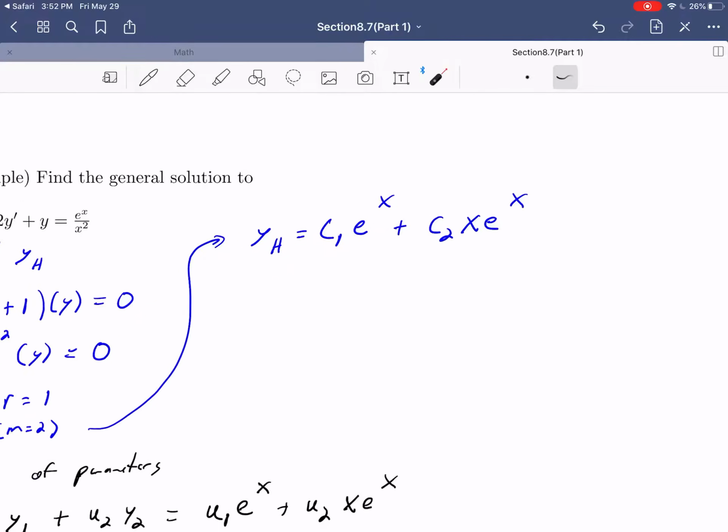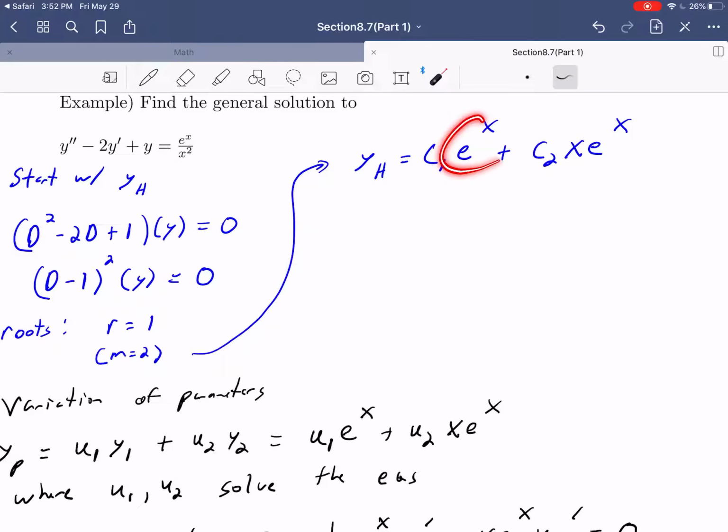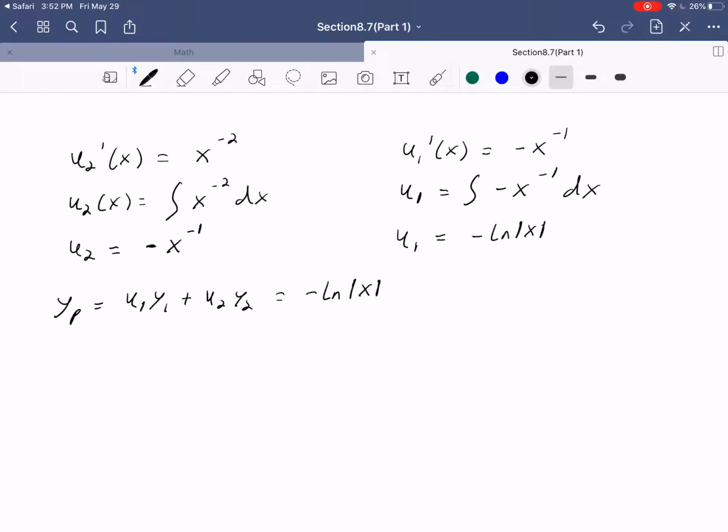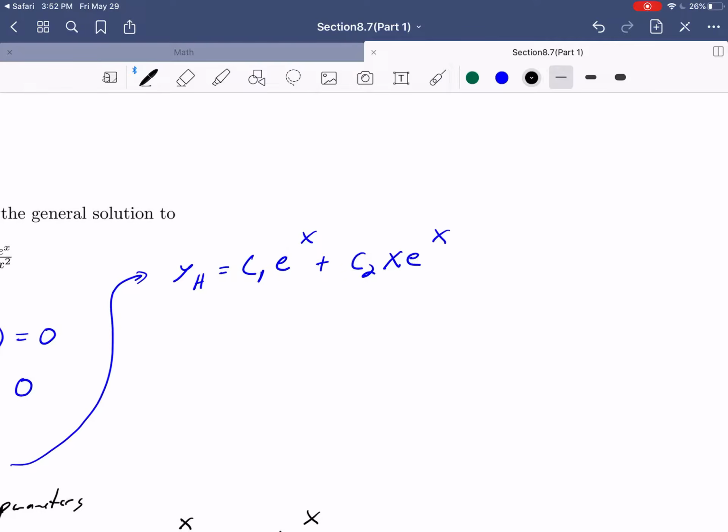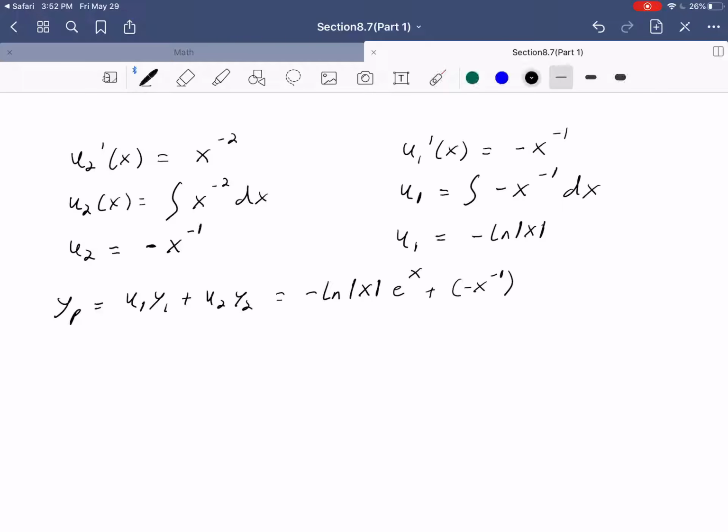What was our y1? Well, our y1 here was e to the x. So we'd get negative ln x e to the x plus our u2, which was negative x to the negative 1, times our y2, which was x e to the x. So x e to the x.